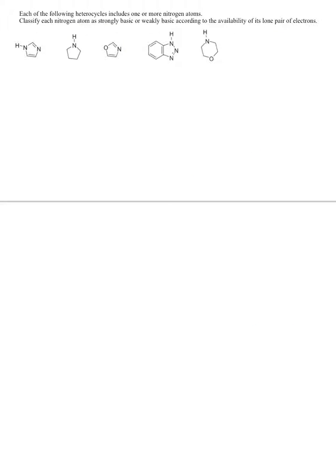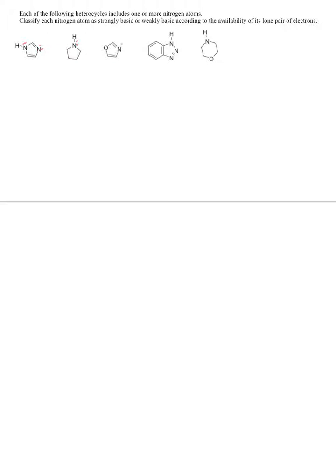All right, this question is about classifying each nitrogen atom as strongly basic or weakly basic, according to its availability of lone pairs. So the first thing you want to do is put in the lone pairs on the nitrogen. So nitrogen has 3 bonds and 1 lone pair.